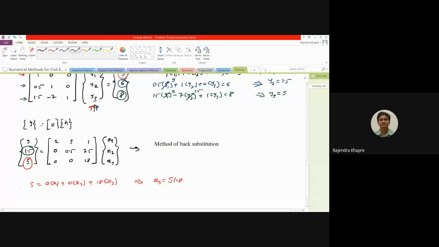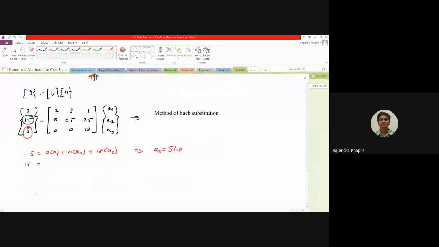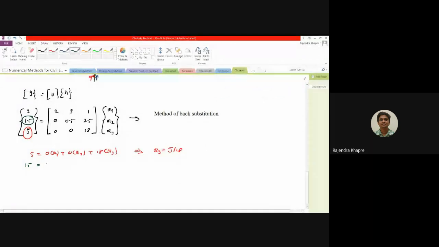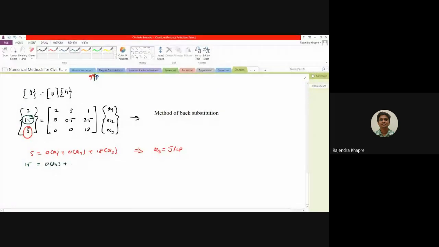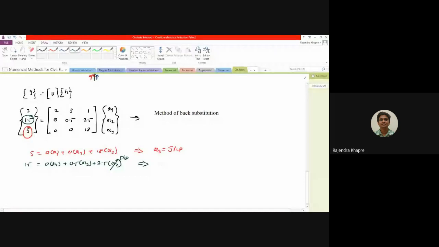We are going in the reverse way. So this is now 1.5 equals 0 into x1 plus 0.5 into x2 plus 2.5 into x3, out of which x3 you have just now calculated as 5 by 18. If you solve this, you should get the value of x2.